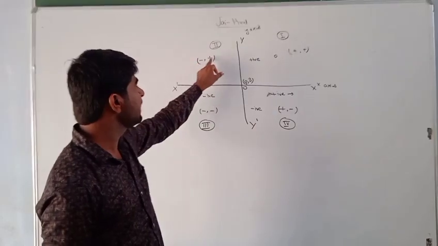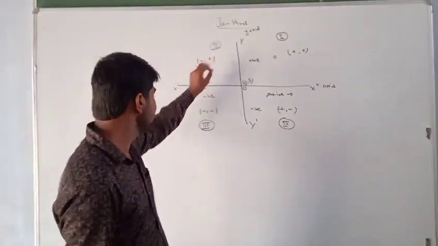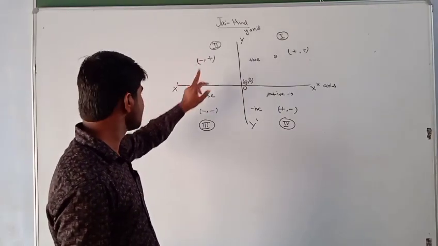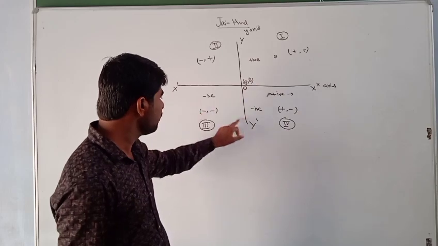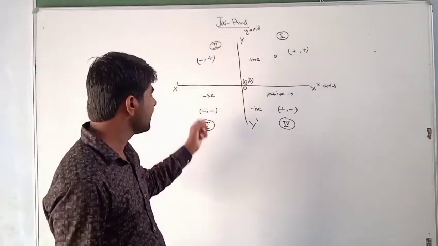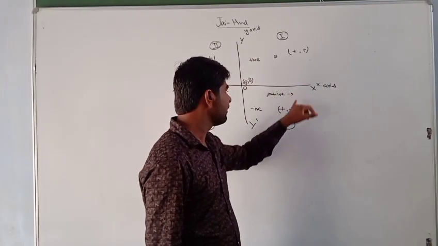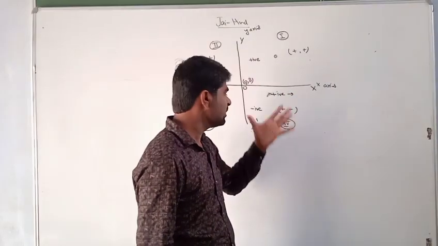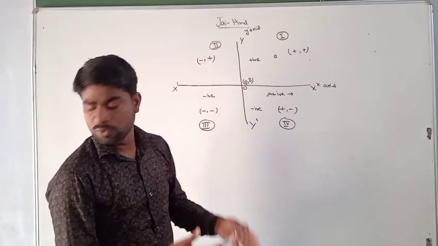If x is negative and y is also negative, it will lie in the third quadrant. If x is positive and y is negative, it will lie in the fourth quadrant. Is it clear? We will move further.